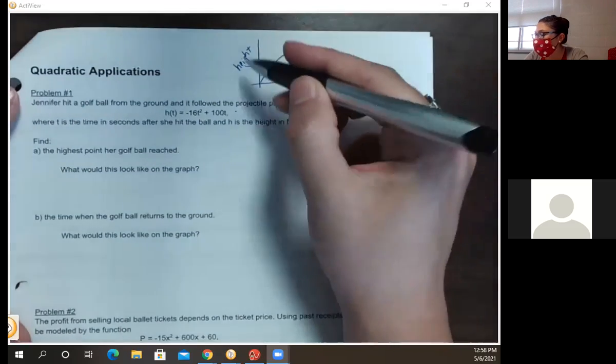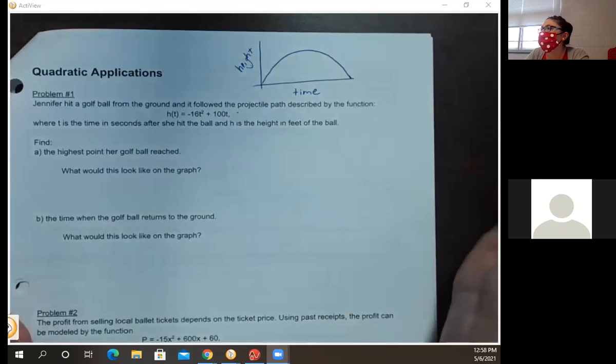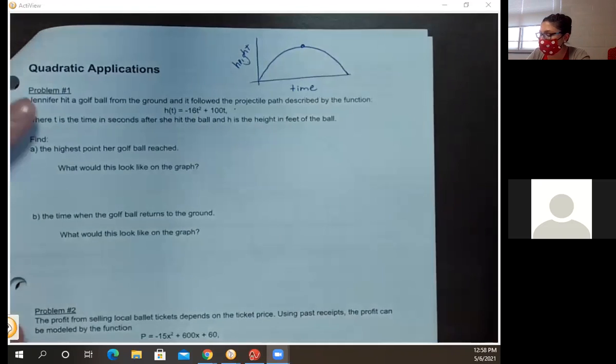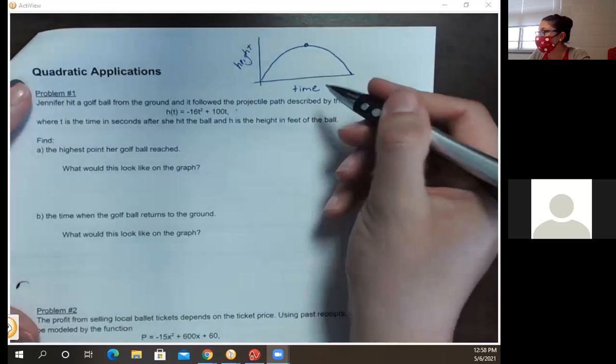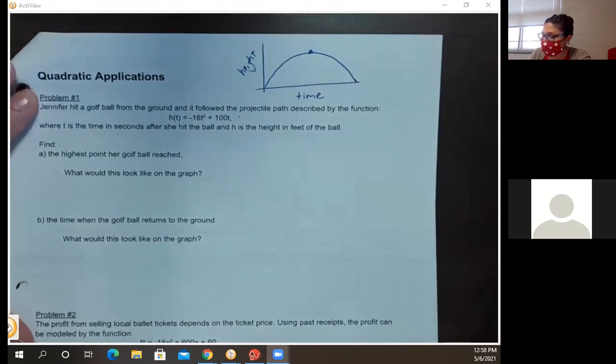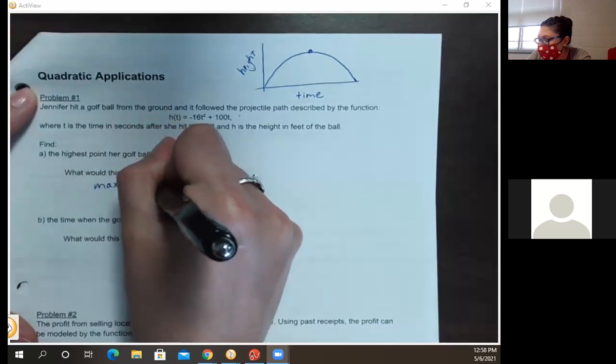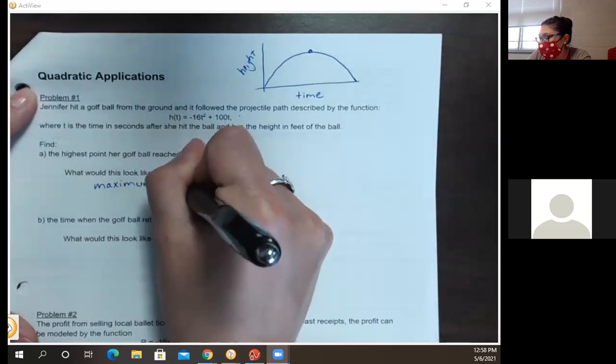What key feature on the graph are we going to be looking for? Highest point the golf ball reached. That maximum height. What's the highest point on my graph? For a quadratic function, that's also what we call our vertex. So we're going to look for the maximum or the vertex here.